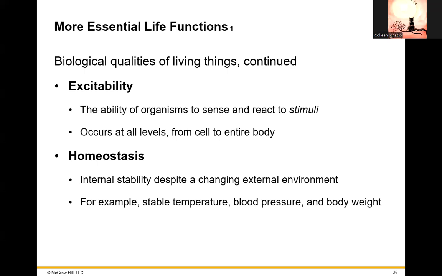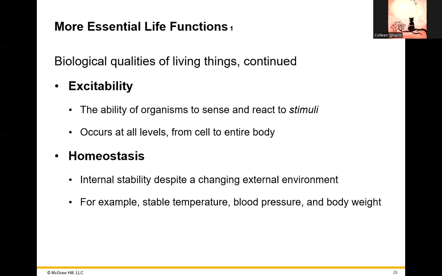My internal body temperature wants to stay at 98.6. So if I don't dress appropriately for the weather, the body will try to get to homeostasis by a shivering mechanism. Shivering creates heat. Right, so that's just an example of how the body seeks to maintain homeostasis, that internal steady state.